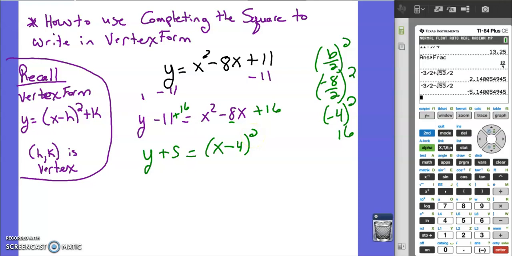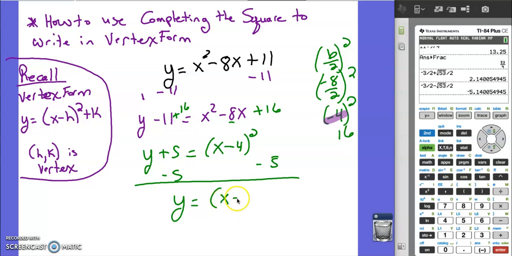Remember, the step right before you square it is the factor. And then all you have to do is minus 5 from both sides, and notice I have it in vertex form. So from here, if I ask you what the vertex is, now you can say it's 4, negative 5. That's how to put it in vertex form.